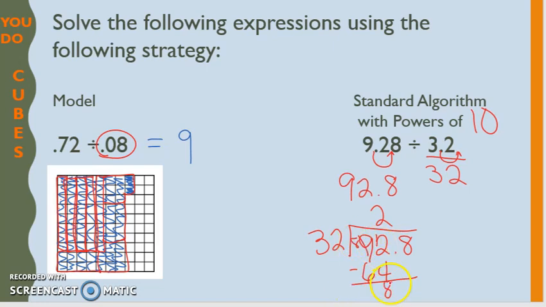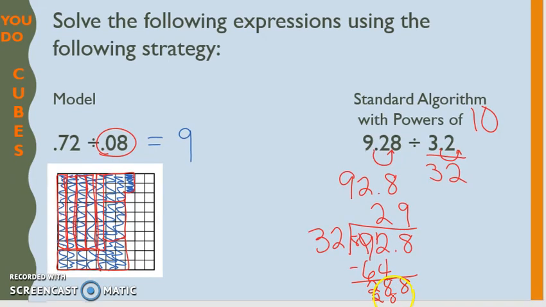And then we have 32 goes into 288. I'm sure when you did this on your own, you did some of your math off to the side. And it goes in evenly 9 times. 32 times 9 equals 288. So there's not going to be a remainder. And your answer is 2.9.